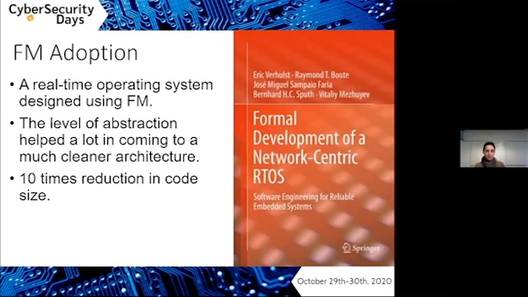Of course they found some, but that by using formal methods here, they managed to get a much cleaner architecture of this system. The system in particular I'm talking about is the design of a real-time operating system. So we're talking in the range of millions of lines, and they've seen a reduction of 10 times in the size of code. This is something that you cannot achieve by just writing better code. This is something that you need to achieve by defining better architecture.